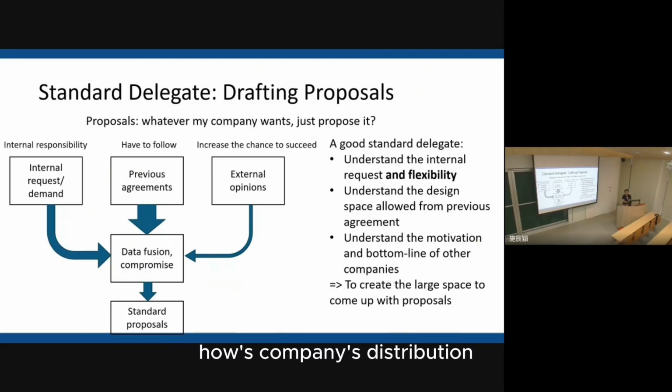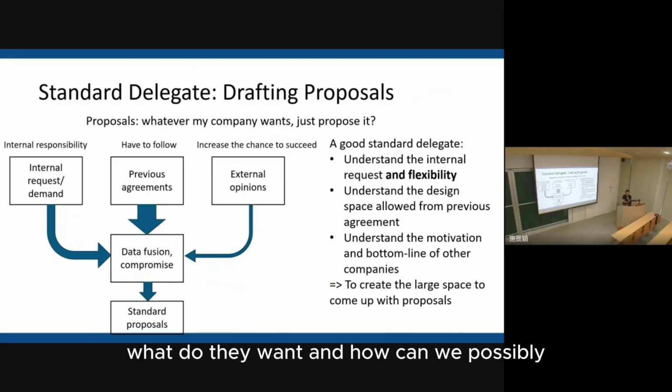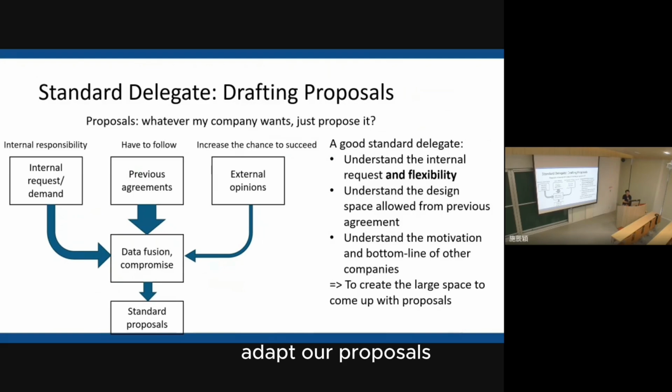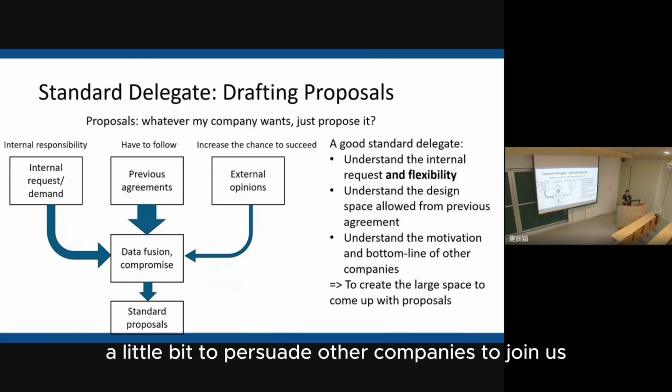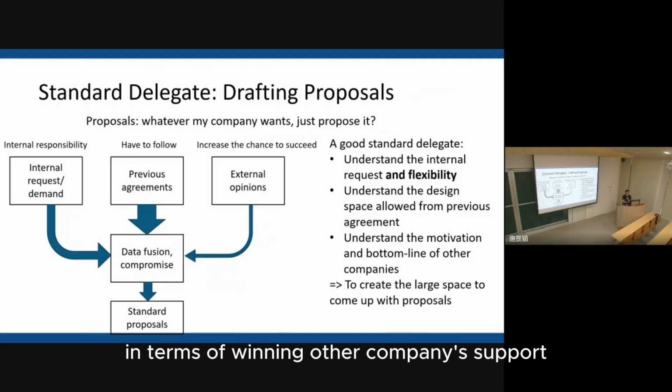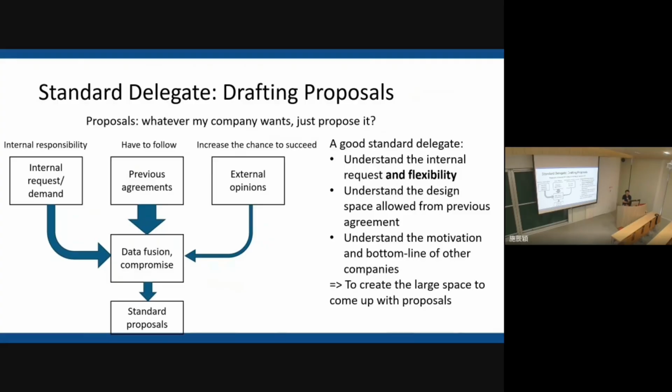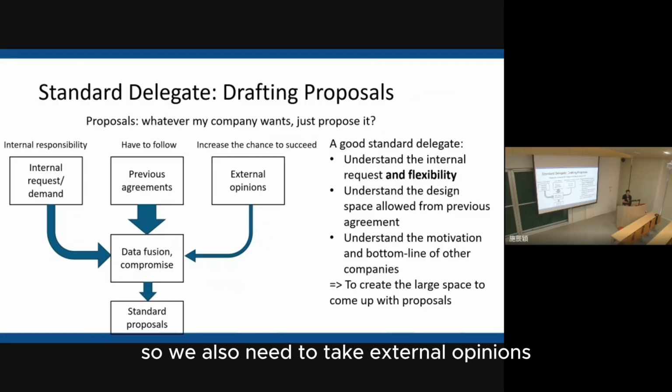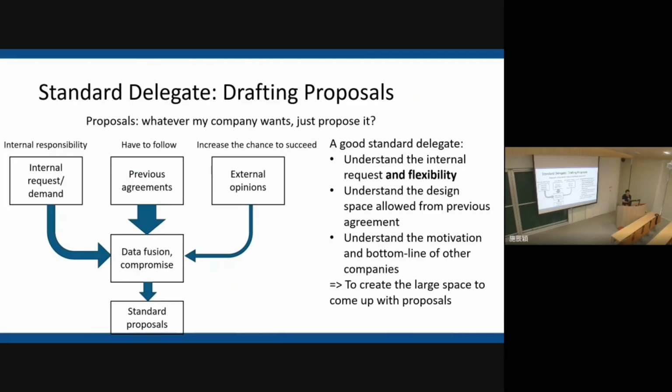How is the company distribution across all the possible options, what do they want, and how can we possibly adapt our proposals a little bit to persuade other companies to join us? Meaning, can we have a better proposal in terms of winning other companies' support? So we also need to take external opinions into consideration.